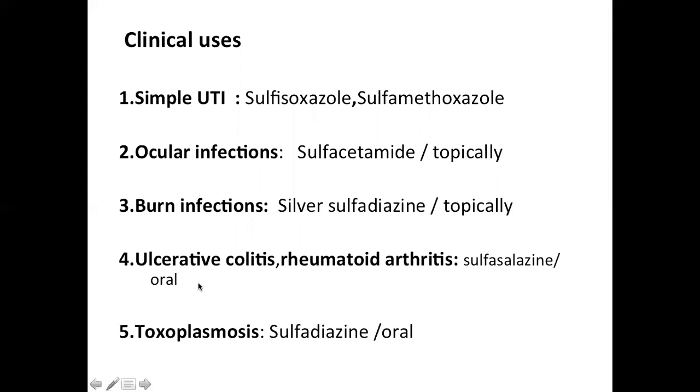And also it's used in case of ulcerative colitis and rheumatoid arthritis, such as sulfasalazine, which is used orally, and also in the treatment of toxoplasmosis, sulfadiazine is also used.